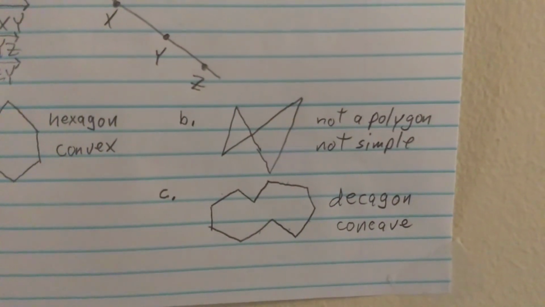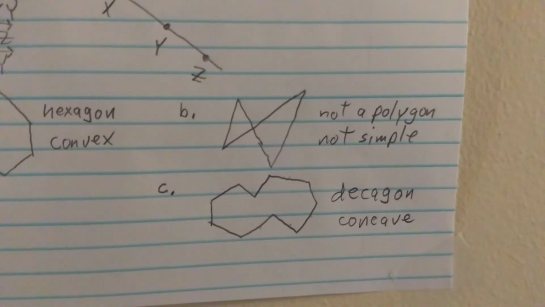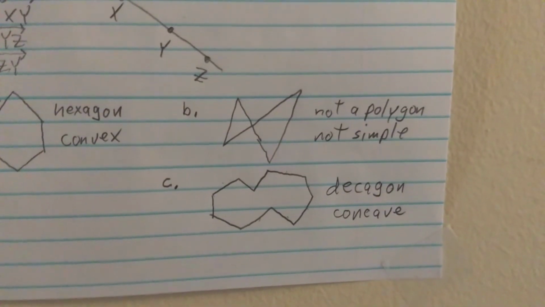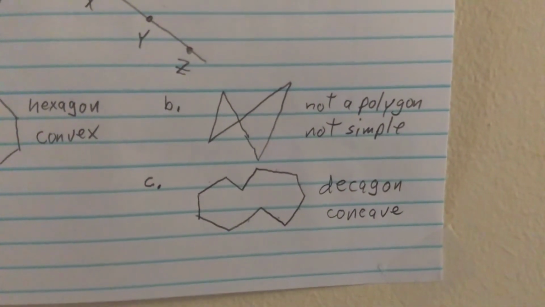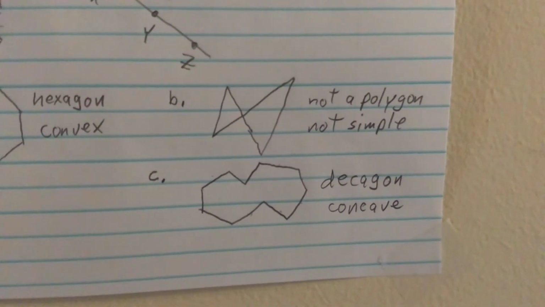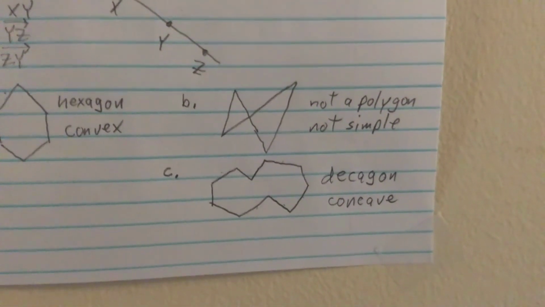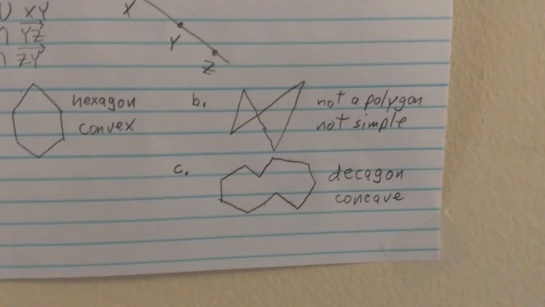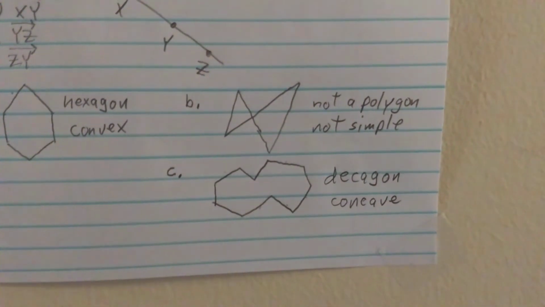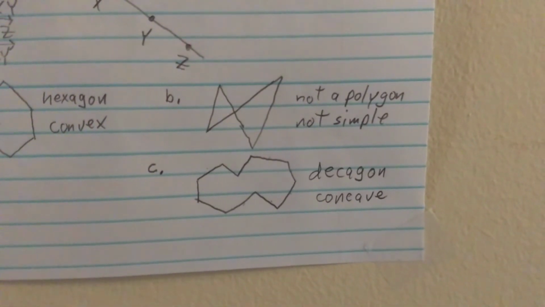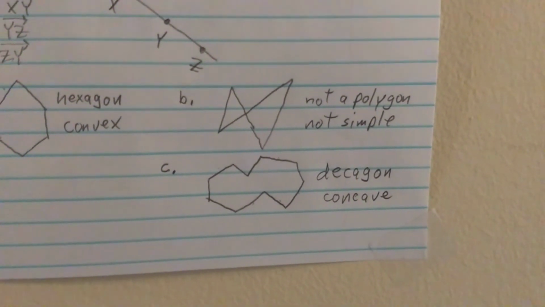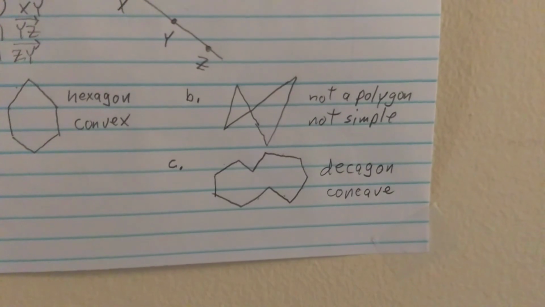For part B, we have a polygon, which is really not a polygon, because it's not simple. The problem is that it crosses itself, making it not simple. For part C, we have a decagon, which is 1, 2, 3, 4, 5, 6, 7, 8, 9, 10 sides we can count. A decagon, and it does cave in on itself, so it's concave.